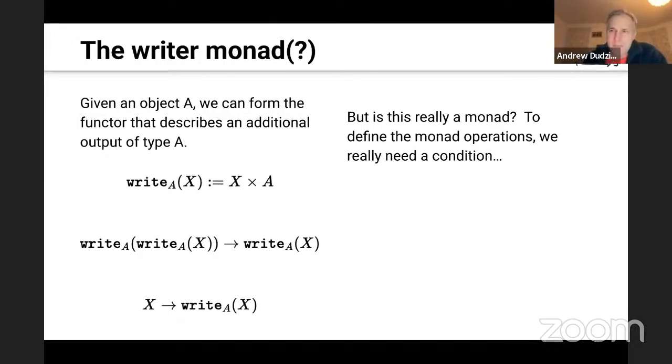So here are some slightly more programming-oriented examples. Suppose I look at this functor, X times A. What does this do?